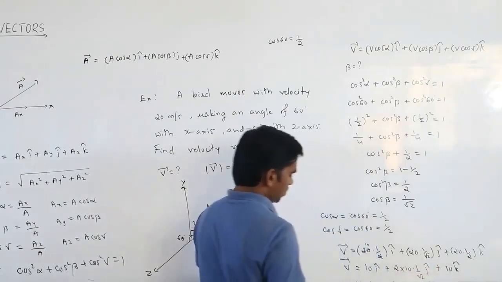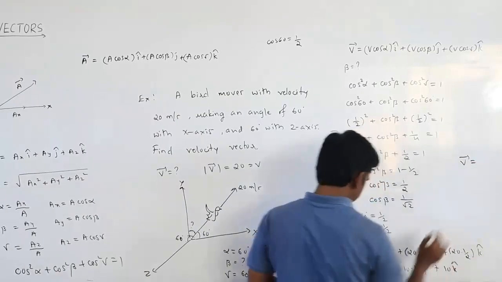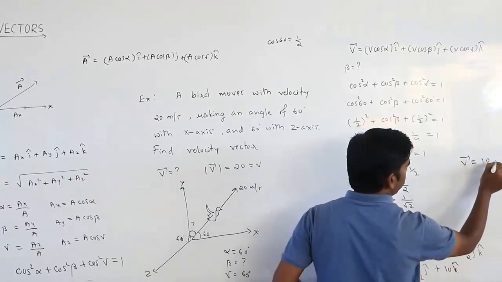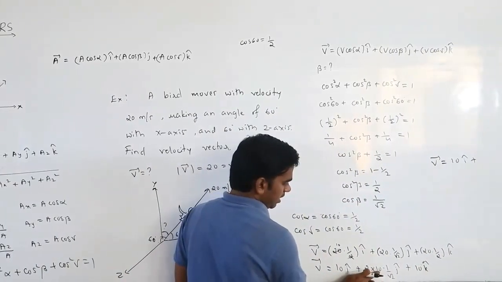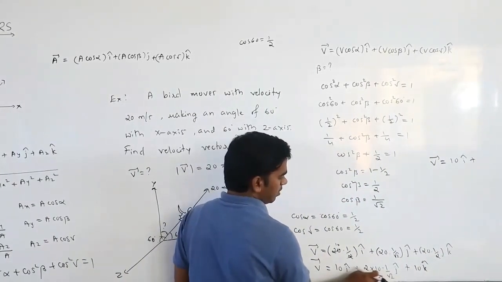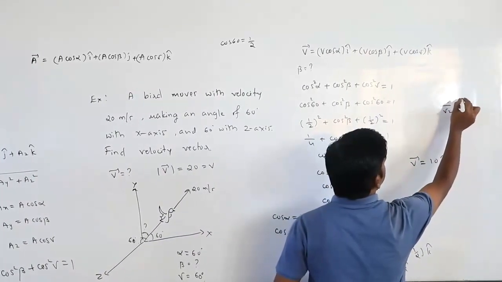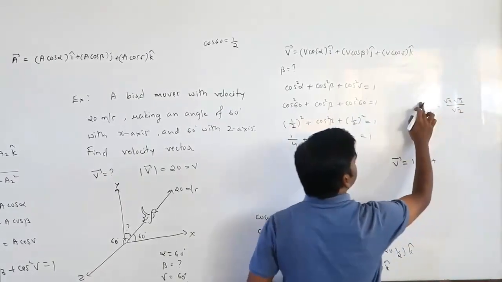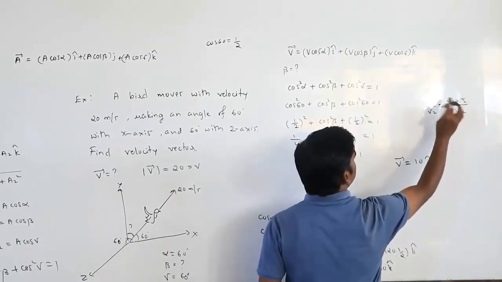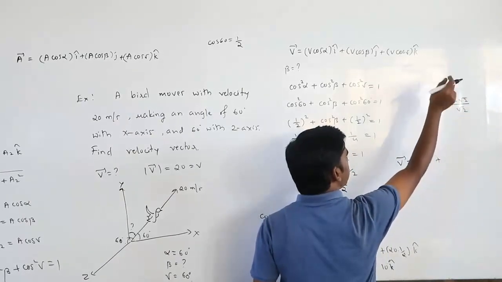Okay, so let me write this once again. So vector v is equal to 10 i cap plus, this 10 you write as it is, 20 by root 2. Okay, so 20 divided by root 2, you can write 20 as 10 into 2, and 2 you can write as root 2 into root 2. Root 2 into root 2 will become root 2 squared, so they will get cancelled.